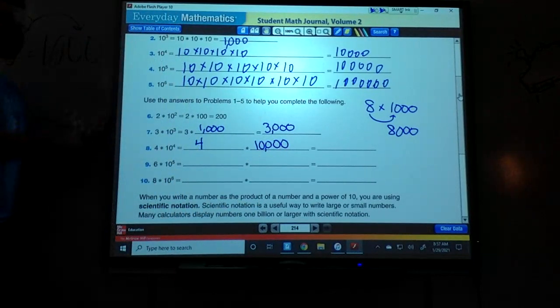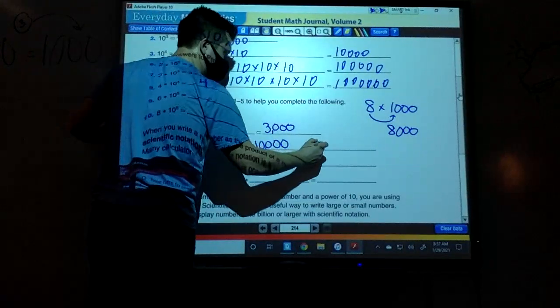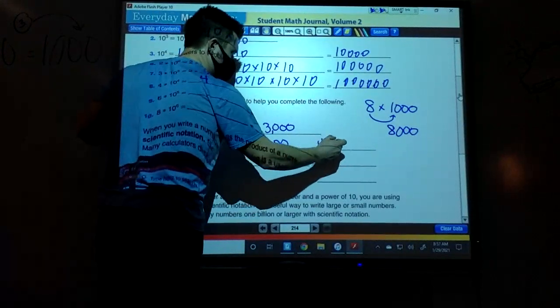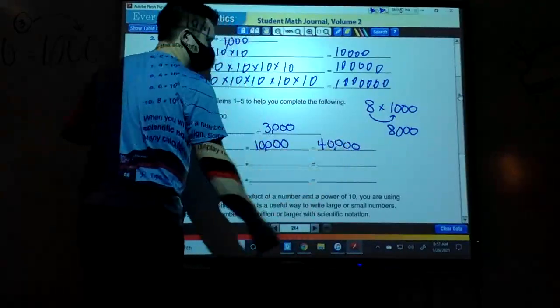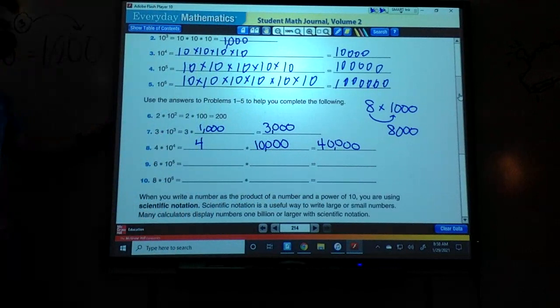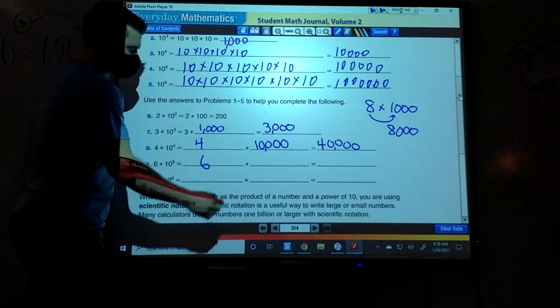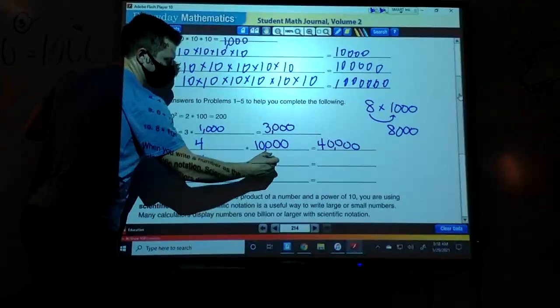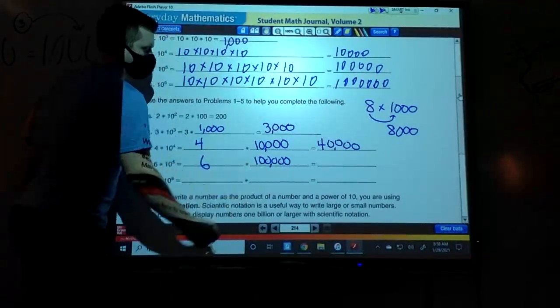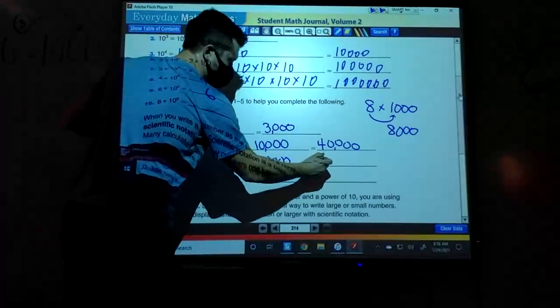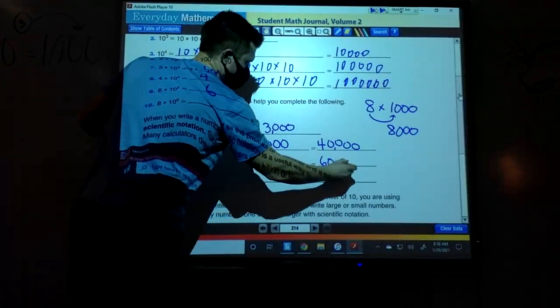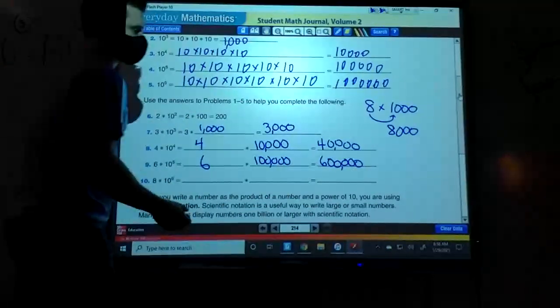We now know that 4 times 1 is still 4, and then we slap on the 4 zeros. This becomes 6 times 1 with 5 zeros, or 6 times 1 is just 6 with the 5 zeros.